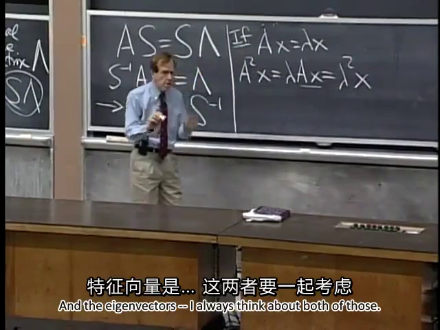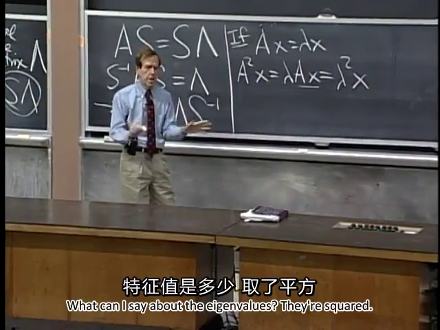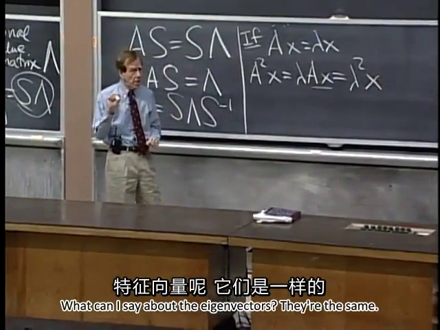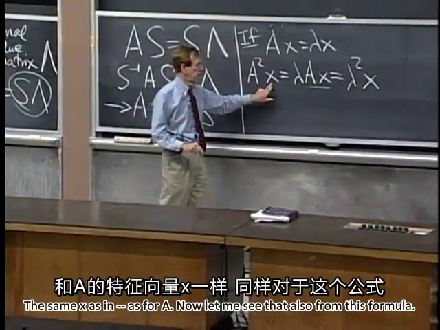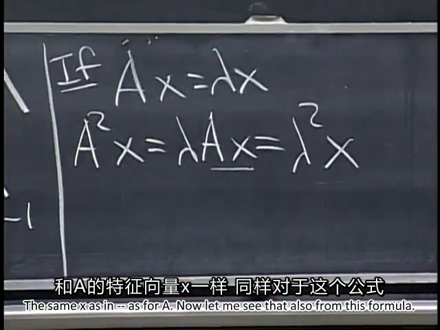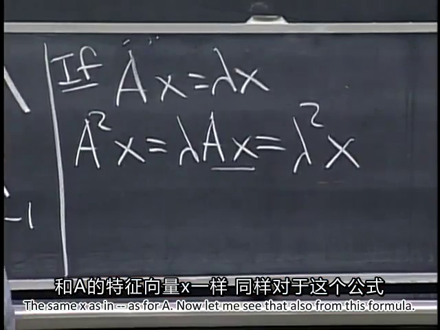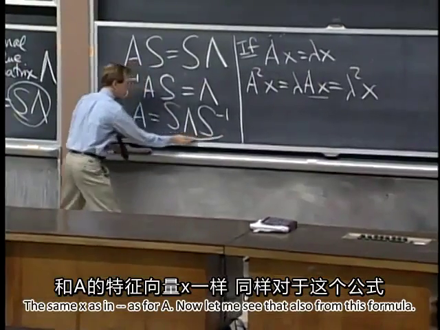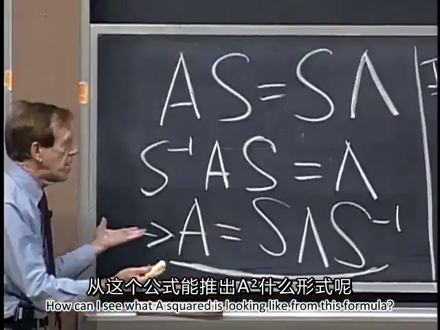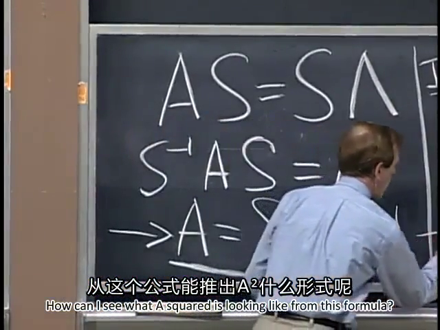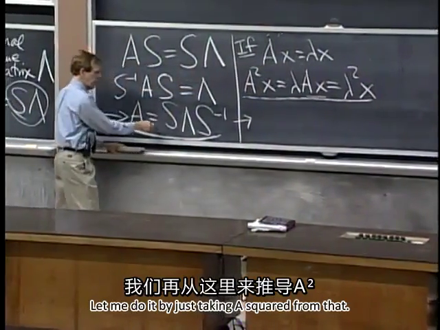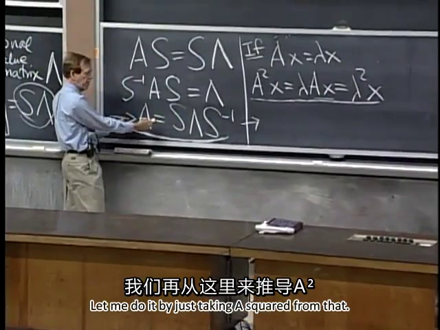And the eigenvectors, I always think about both of those. What can I say about the eigenvalues? They're squared. What can I say about the eigenvectors? They're the same, the same x as for A. Now, let me see that also from this formula. Let me do it by just taking A squared from that.